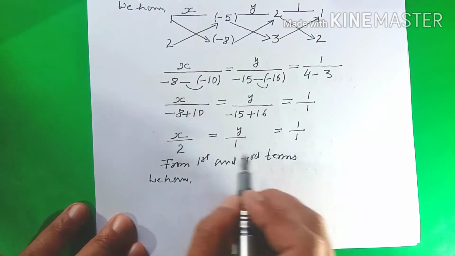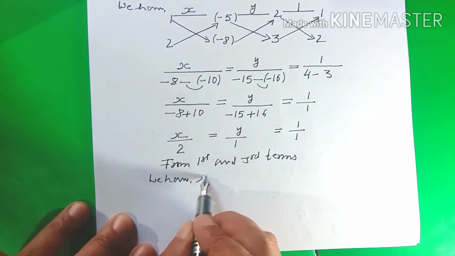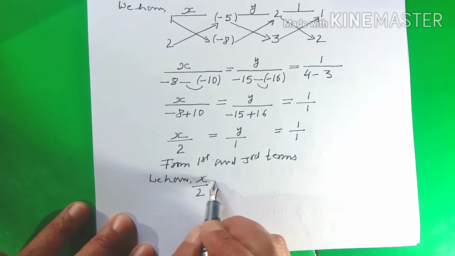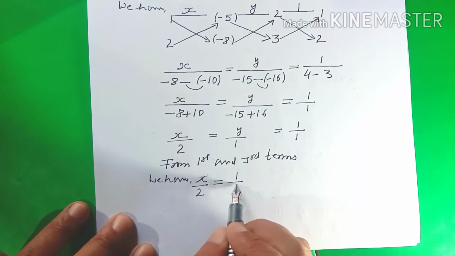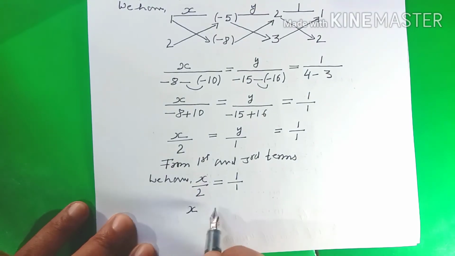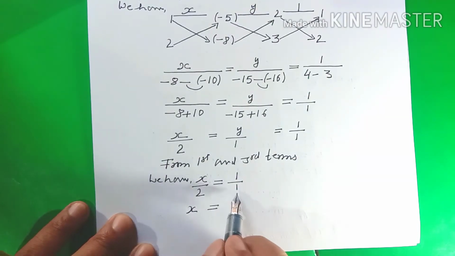These are first, second and third. So from the first we take x upon 2, also equal to the third term, which is 1 upon 1. Now to get the x value, take a cross multiplication. x into 1 will be x, 2 into 1 will be 2.